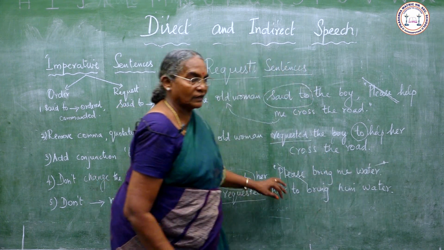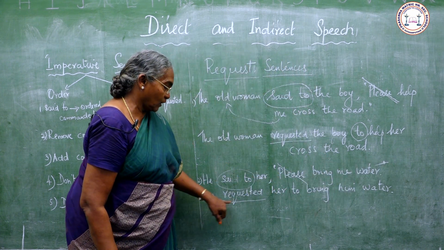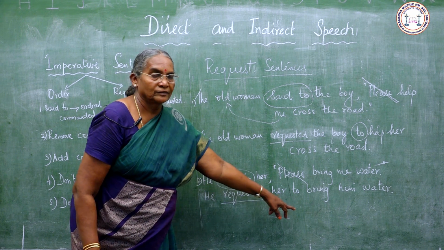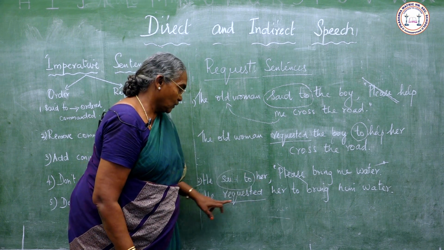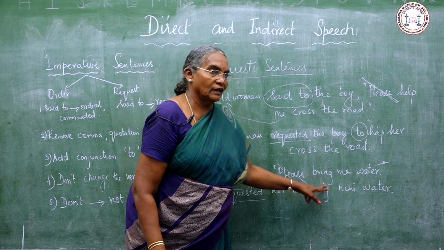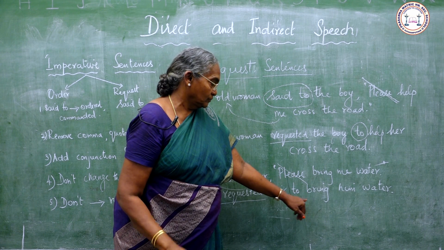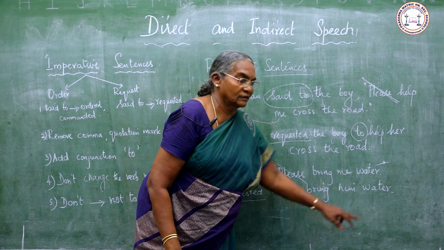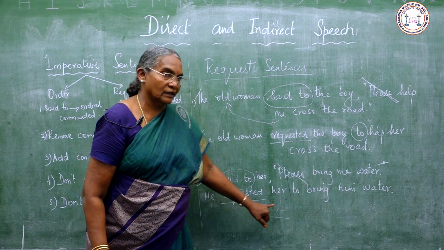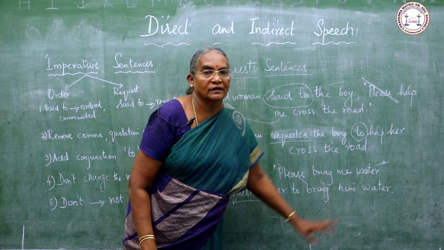He requested her, conjunction to. He requested her to. We need not change the verb here because after to, past tense will not come. To bring him water. He requested her to bring him water.